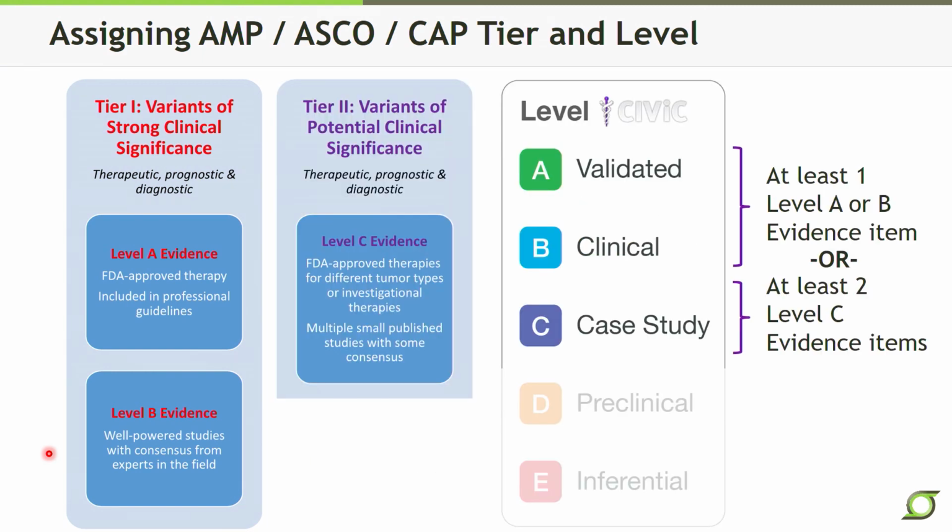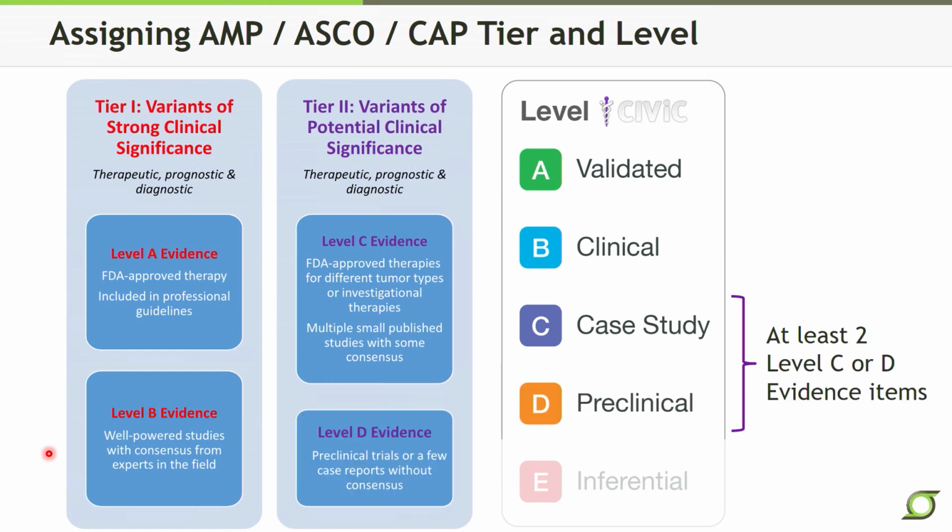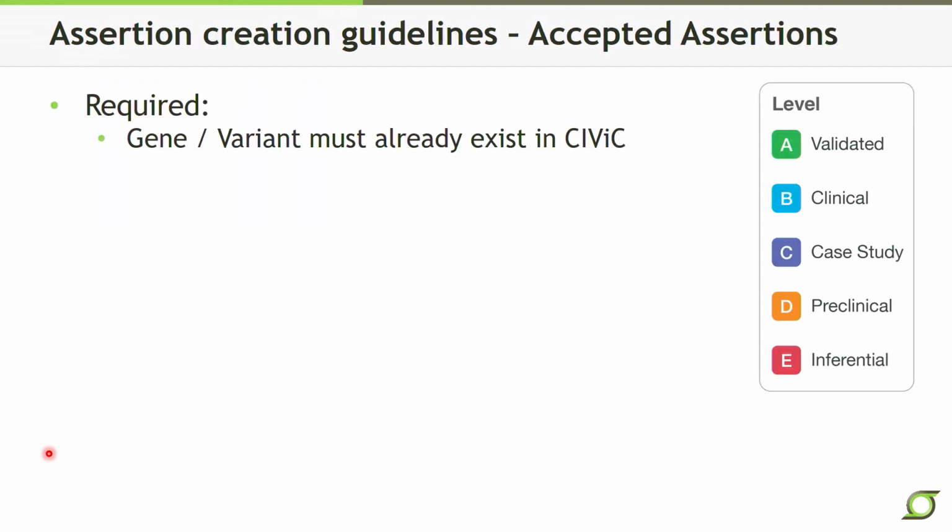For tier 2 level C evidence, according to AMP guidelines, we want at least 1 of those level A or B evidence items, or 2 or more level C evidence items. And for the tier 2 level D evidence, we want at least 2 case study style evidence or preclinical studies that support this assertion.